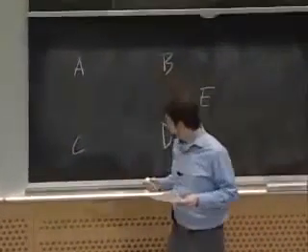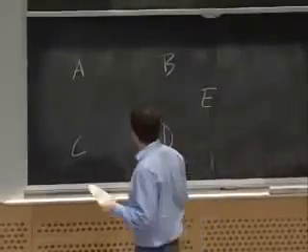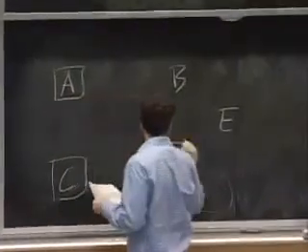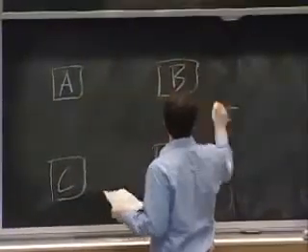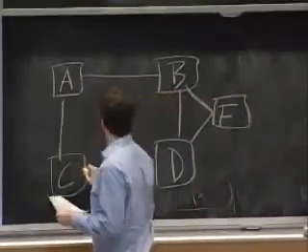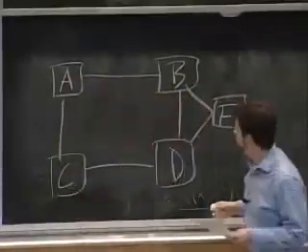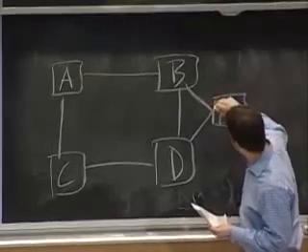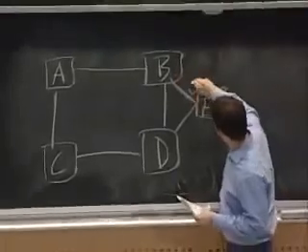Suppose we have 5 machines, A, B, C, D, and E, connected as follows. And let's number these links. Let's number this link from E to B, we're going to call it L1.